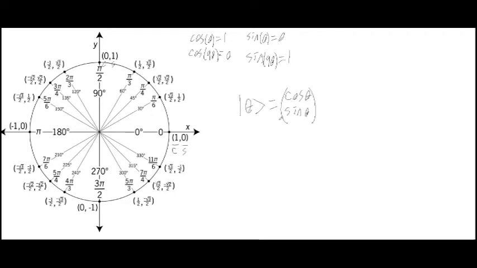So this is sort of our general state vector here. And so what you see with this is that if we have this as our general, then we can define something that is specifically pointing precisely to the right here.